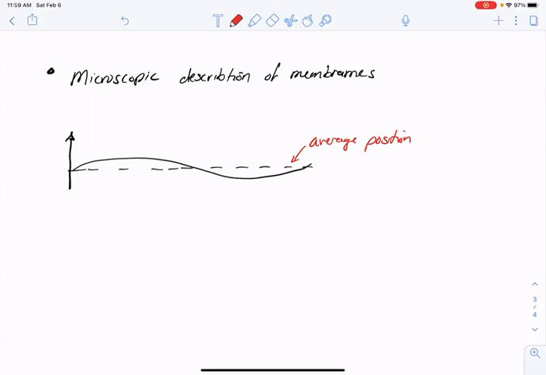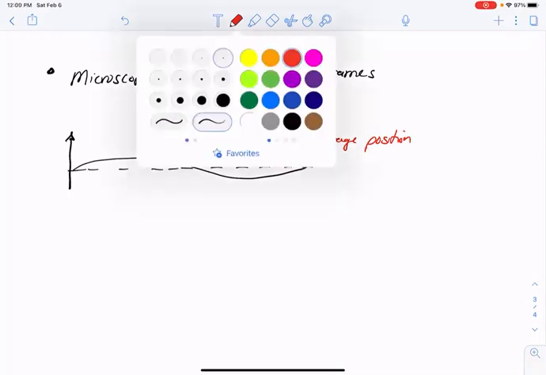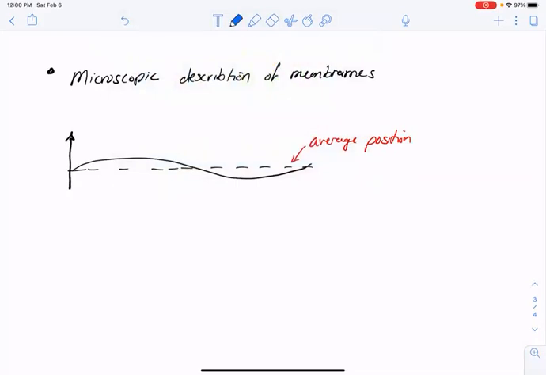On these sorts of scales, for a membrane which is flat on average, a reasonable way to describe the state of the system is by asking where at each point that membrane is relative to its average position.